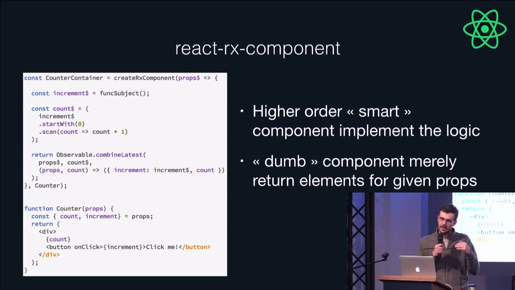We can define the relationship of our state and user input with observable operators. And we return an observable. Each time this observable pushes a new value, those values will be pushed as props for the child component, which is a dumb component, and just does the rendering.